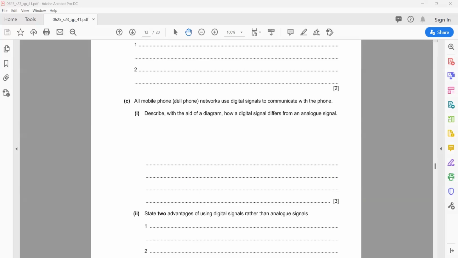Now, all mobile phones or cell phone networks use digital signals to communicate with the phone. Describe with the aid of a diagram how digital signals differ from analog signals. If you remember, we discussed the digital and analog diagram. For example, if I want to draw digital, in digital we did it like this.